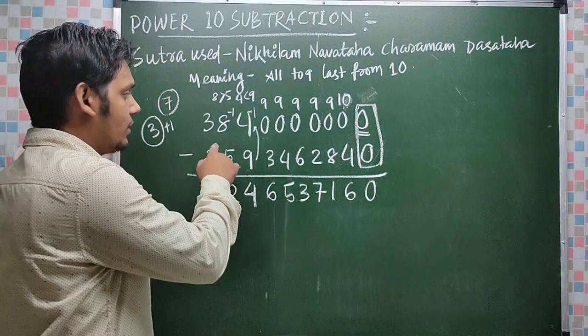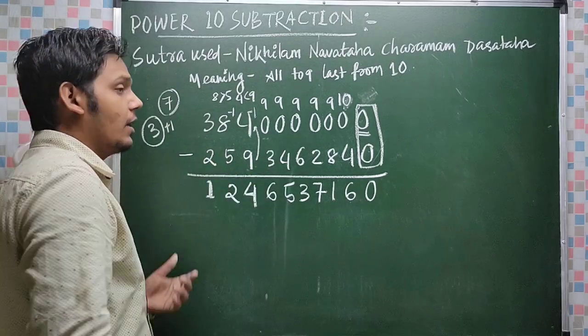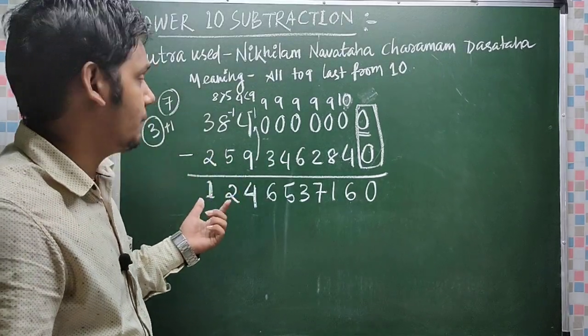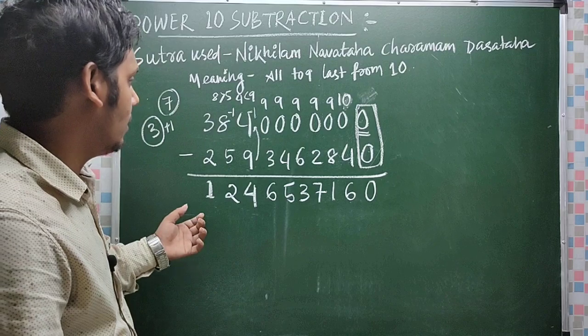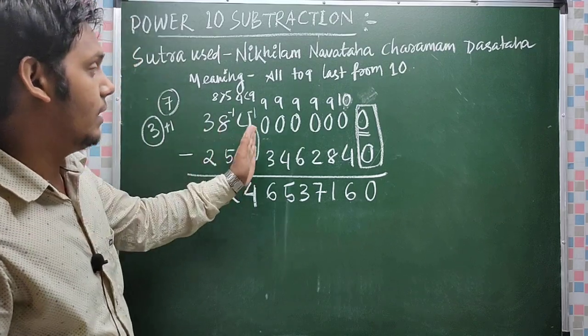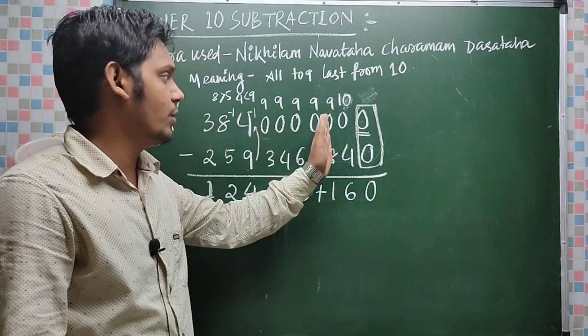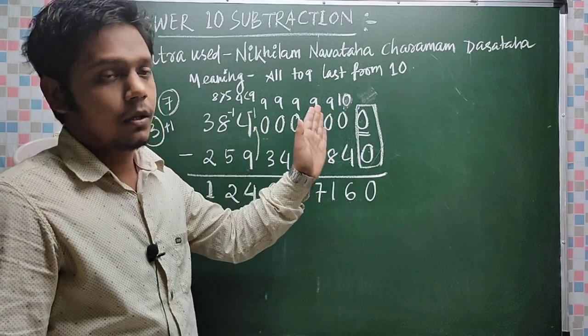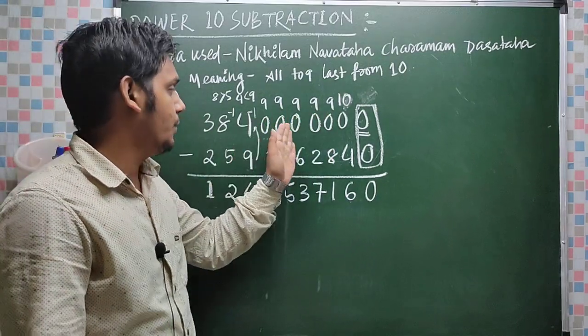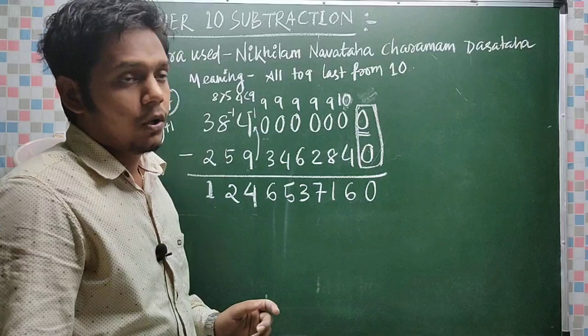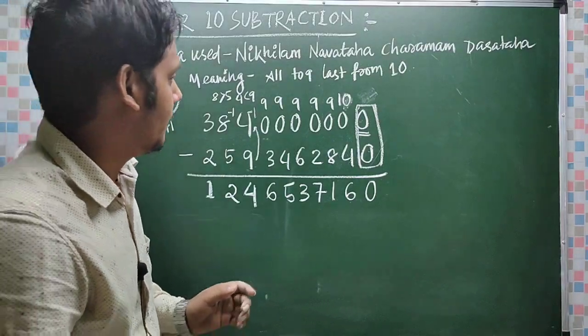So what I have done: the first 3 digits I did like earlier, as we studied in racing subtraction. I applied that formula, and then for the rest of the zeros, I turned all the zeros into 9, and thereafter the last 0 I turned into 10.